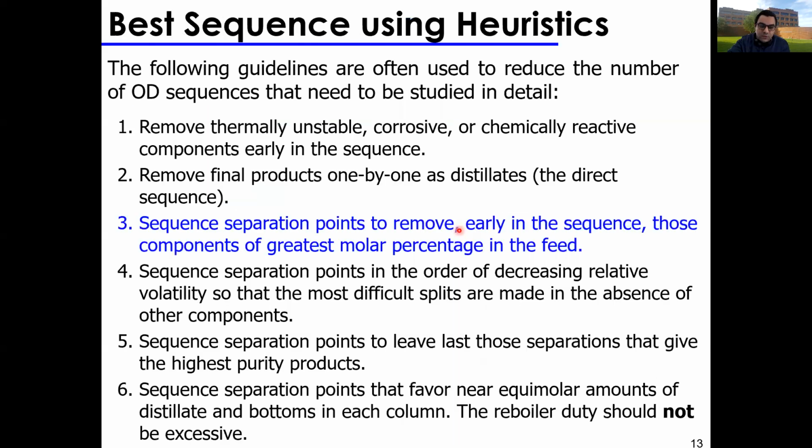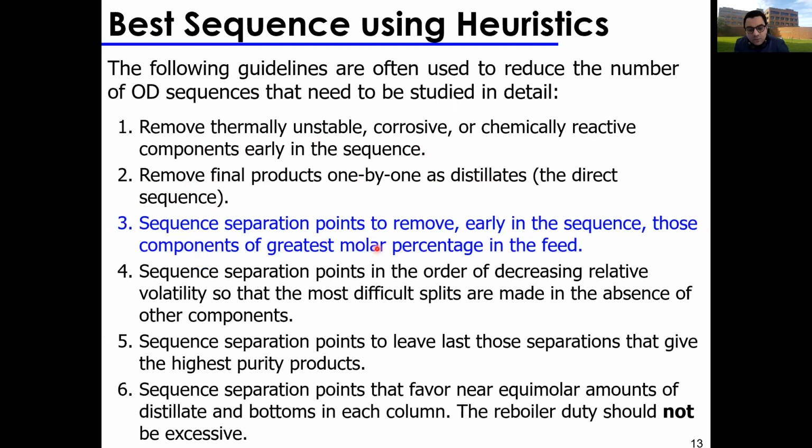And if we go back to our heuristics, thermally unstable, corrosive, none of them are thermally unstable. Final products 1 by 1, this will be achieved, right? So as much as possible, try to get a direct sequence. Sequence separation points to remove those components of greatest molar percentage.